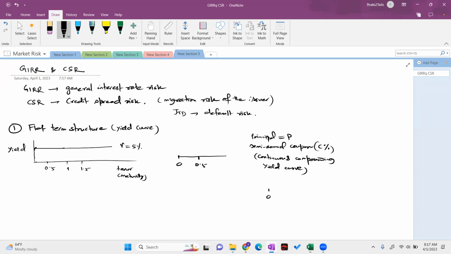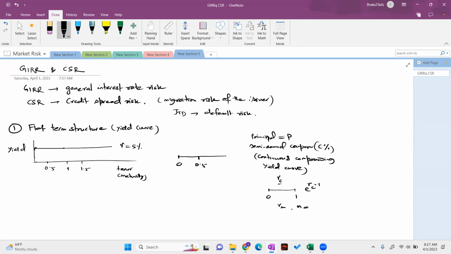If you're standing at time 0, if you invest your money for 1 year in a continuous compounding interest rate, which is, let's say, RC, C stands for continuous, how much money will you have at the end? E to the power RC times 1. That's the money you'll have, right? Alternatively, if you want to find an equivalent interest rate in terms of discrete compounding, let's call it RM.